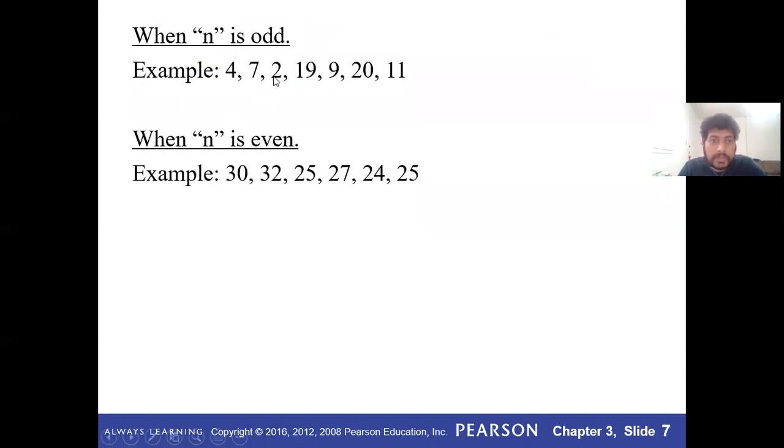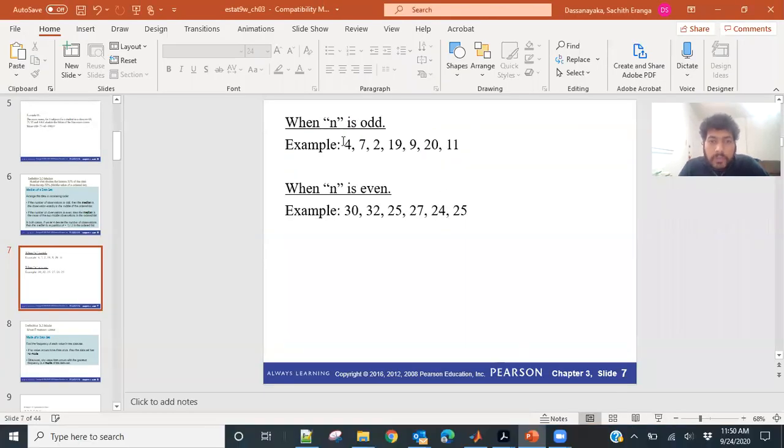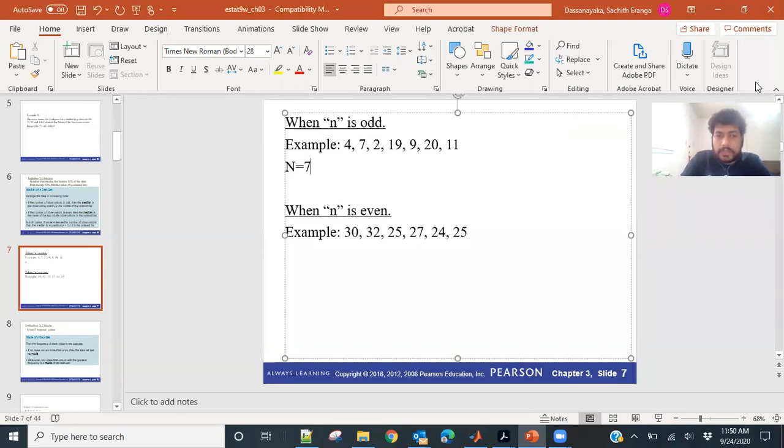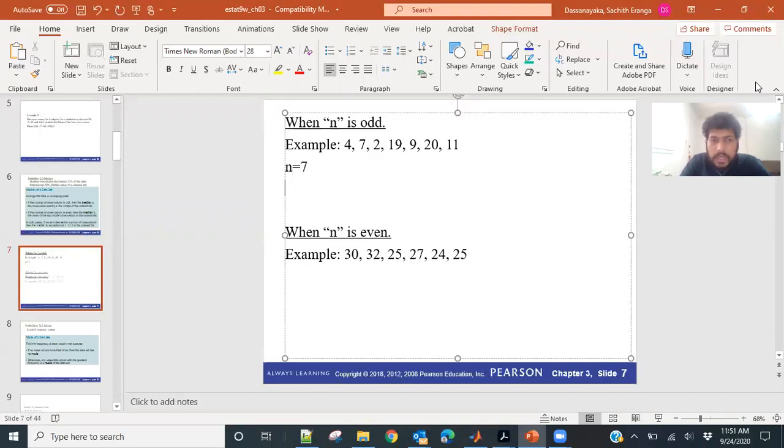Let's check these two. Here you have an odd number of observations: 3, 6, 7. Now n equals 7. Now what you have to do is n plus 1 divided by 2, that's the position.